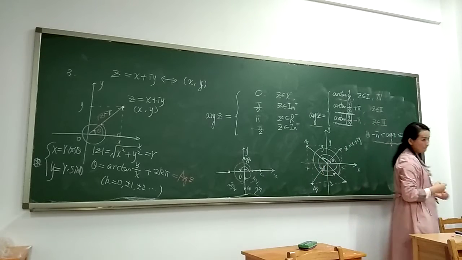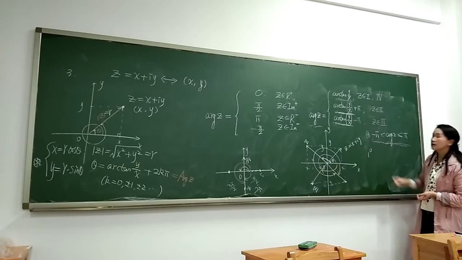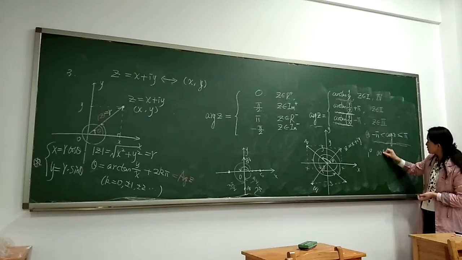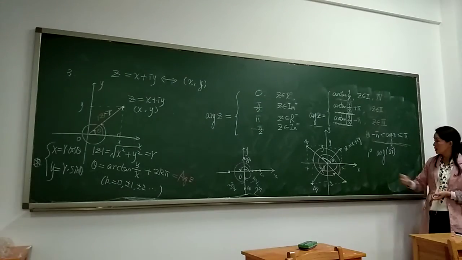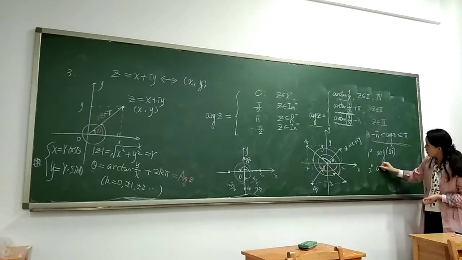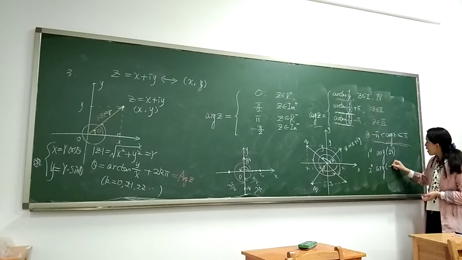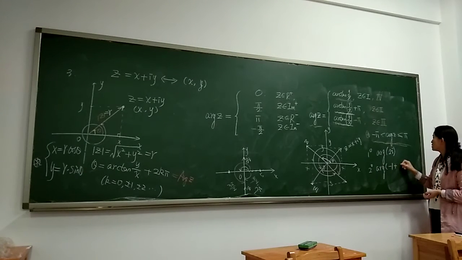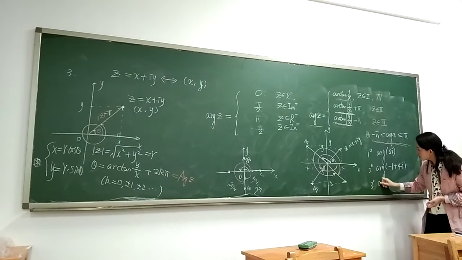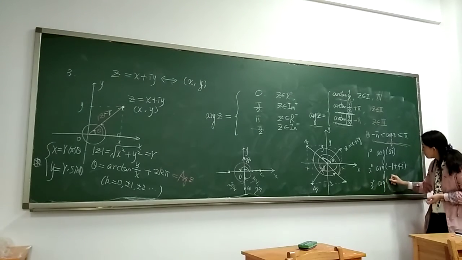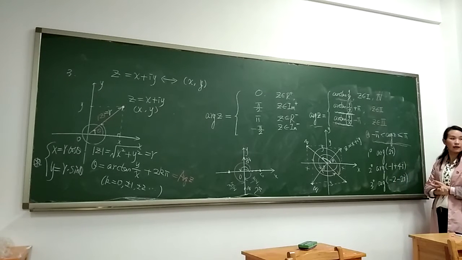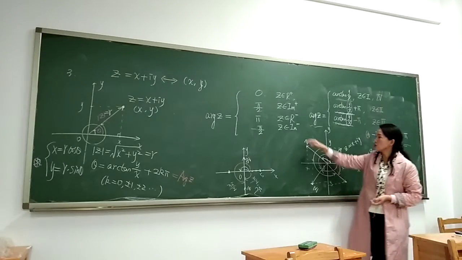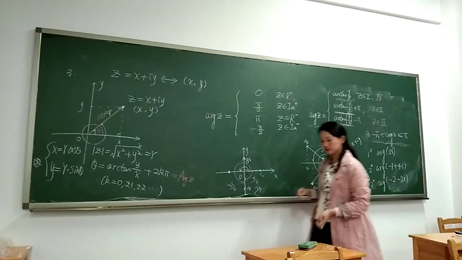The first one, please compute the principal argument of 2i. The second, the principal argument of minus 1 plus 4i. The third one, the principal argument of minus 2 minus 2i. Okay, complete by yourself, according to this formula and this formula.